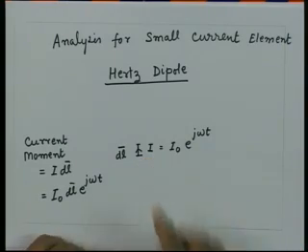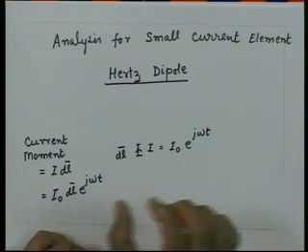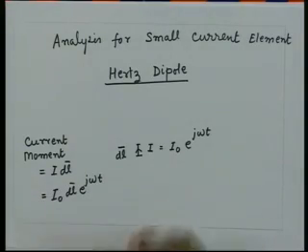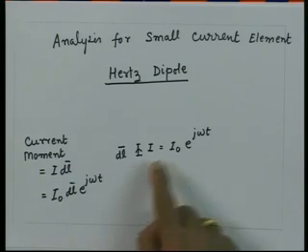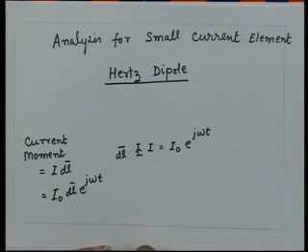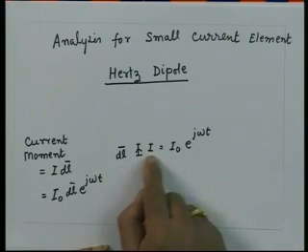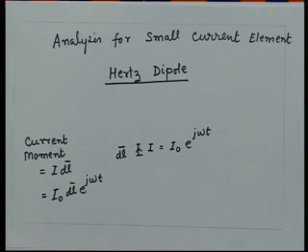Now, this current can be imagined as if there is a small rod of cross-sectional area carrying current density J. If I integrate J over the cross section of the rod, I will get the current, which if multiplied by the length, assuming that the current is constant along the length of the wire, gives this quantity I times dl, which is nothing but the integral of the current density over the volume.